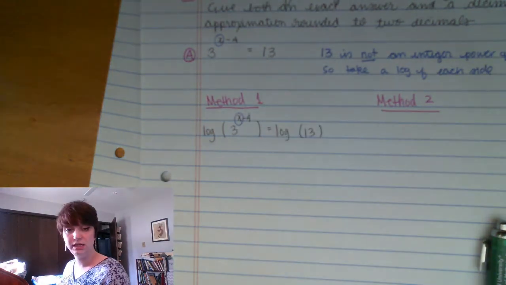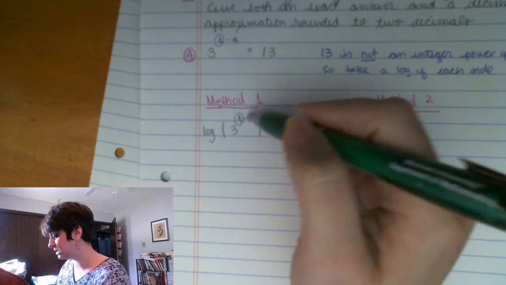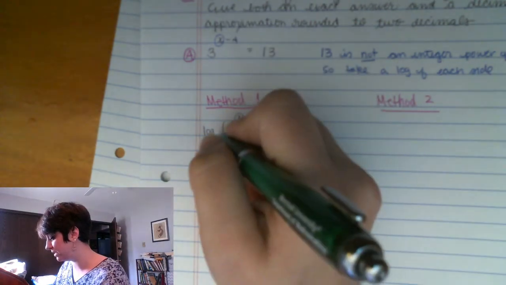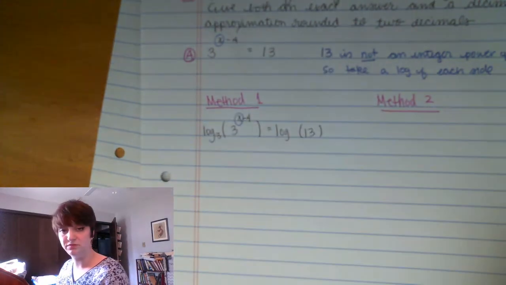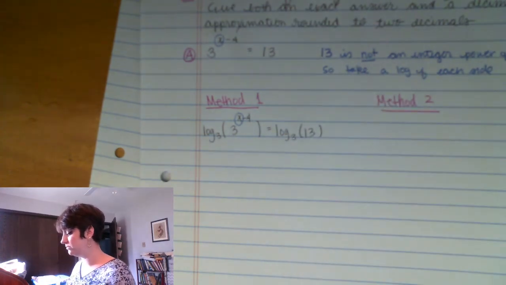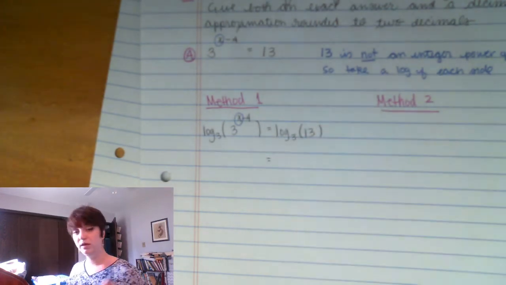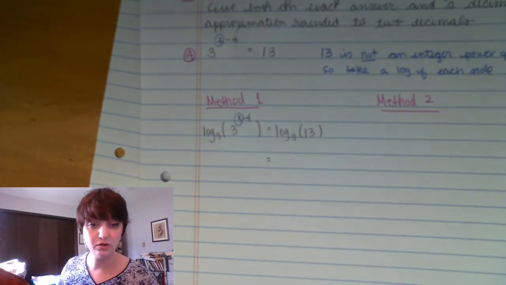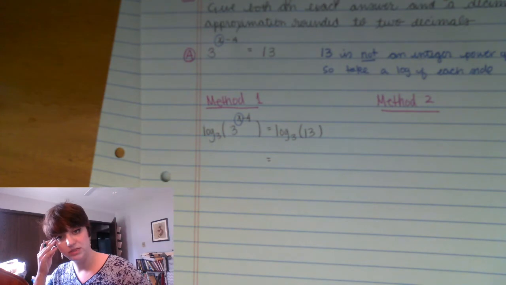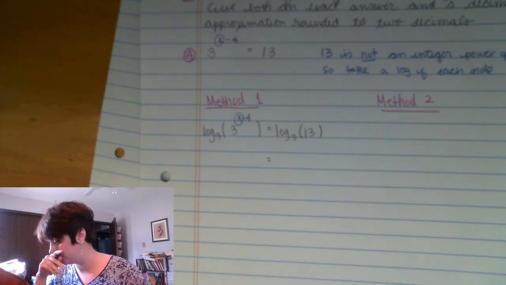So since he's in the exponent of 3, 3's the base. That's going to be the base of my logarithm. Now, this might feel a little mysterious, but it's going to be the exact same thing as we did in 7-1. Just looks a little different.